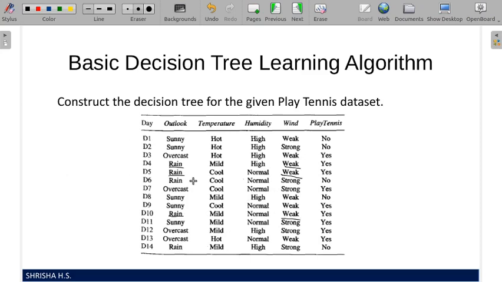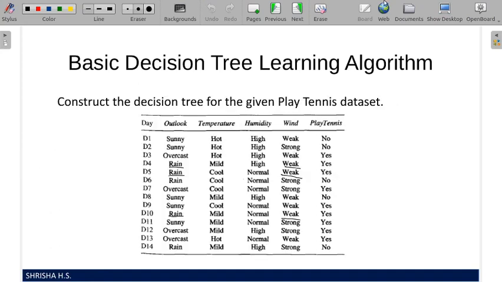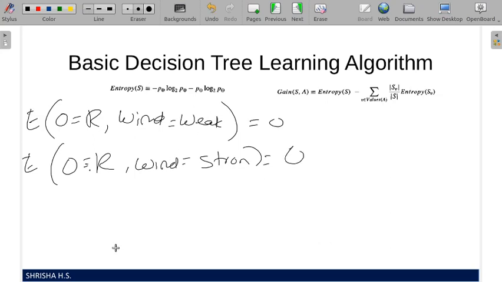So there are three instances, yes, yes, and yes. All three are positive examples, so straight away 0. Now find the entropy when outlook is rain and wind is strong. Let's see this: rain, wind, strong. So no, no, all negative examples, so straight away it is 0. So entropy is 0.